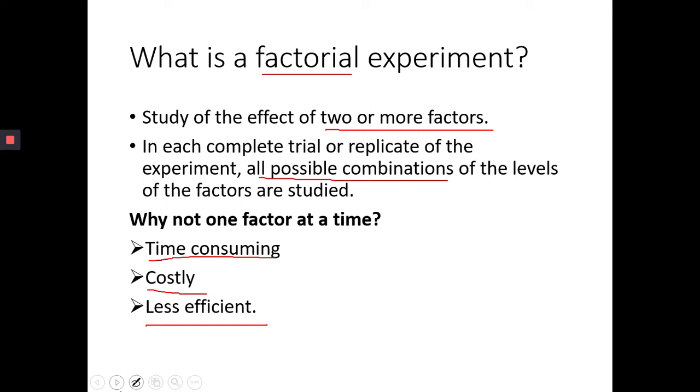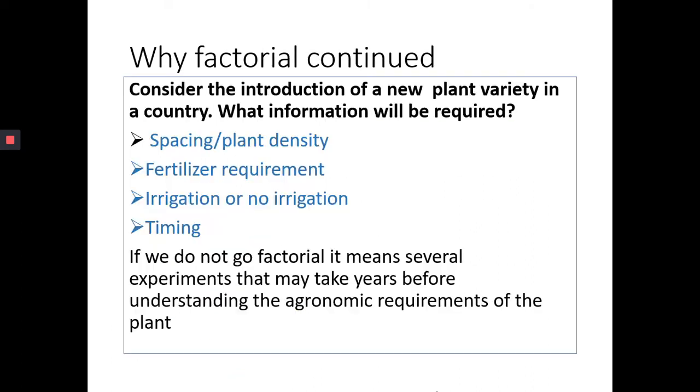And now the reason why 2 factors and above is because of these issues that I've highlighted to you here. Now, we are still continuing. Why factorial? Consider the introduction of a new plant variety in a country.